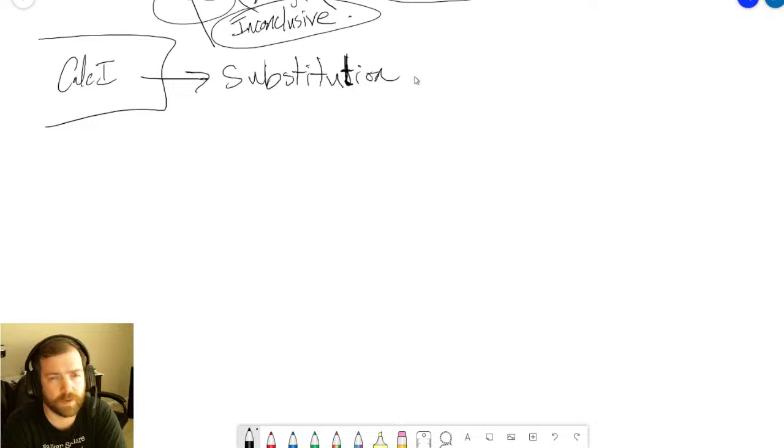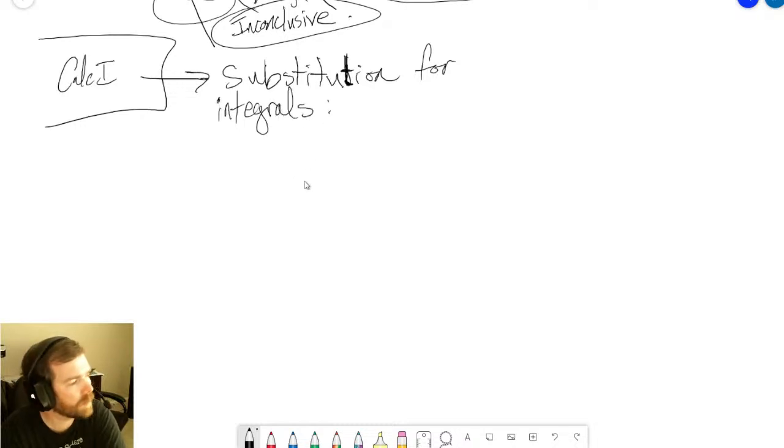So in Calc 1, let's do substitution for integrals. In the case of substitution for integrals, we can throw in pretty much anything we want here.